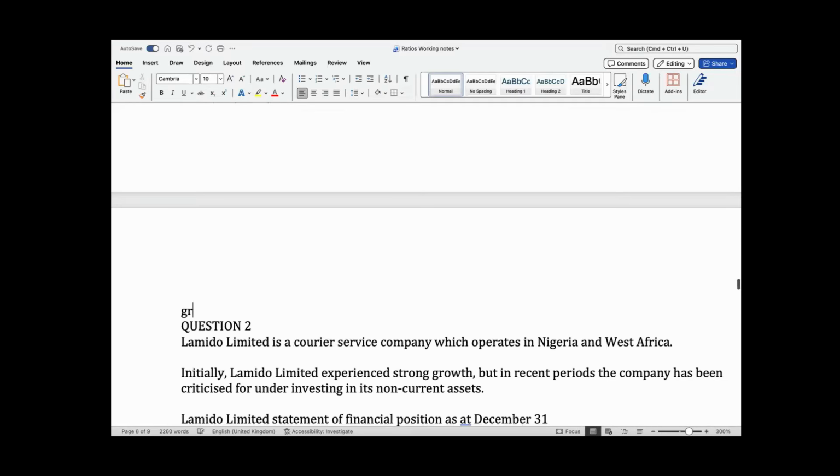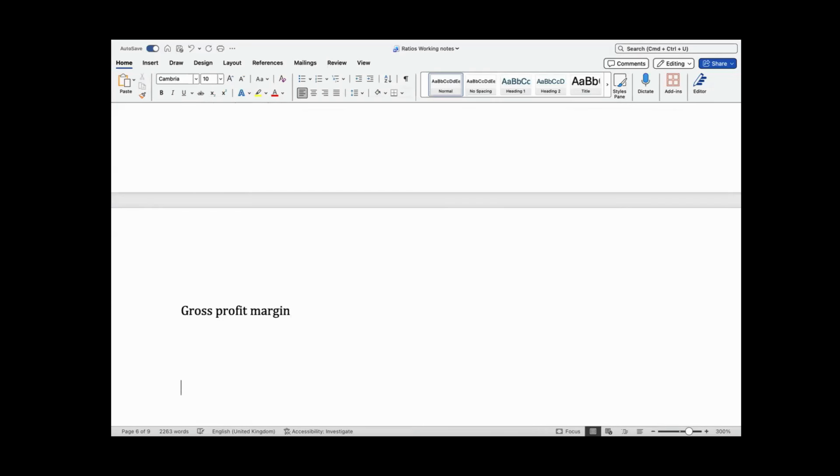Another key one that I can do is my gross profit margin, which is my gross profit divided by my sales. Multiply by 100.